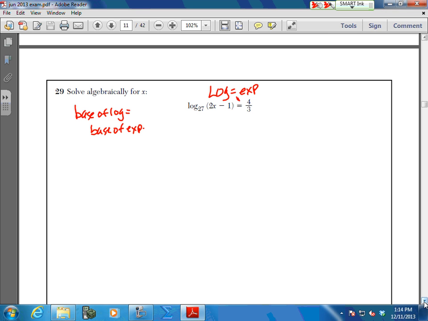So I'm going to use 27, here's my exponent, equals whatever's left on the other side. Now you can plug this piece right into your calculator, raise it to the 4/3. If you're going to use this, make sure you put this in parentheses if you don't have a fraction up there. This is going to become 81.